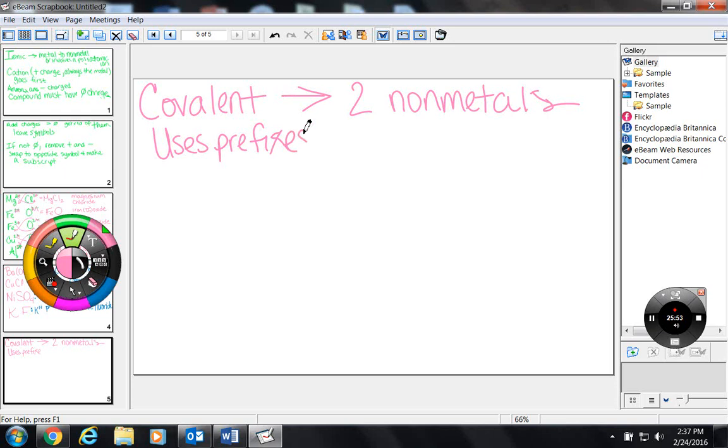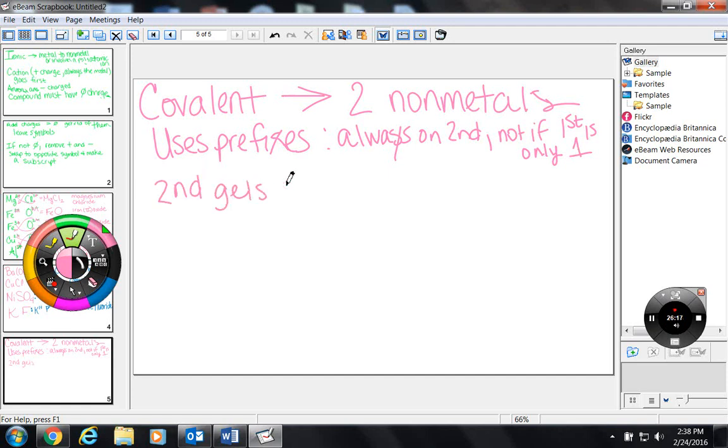It uses prefixes always on the second element, not on the first if the first is only one. The second gets the suffix -ide.